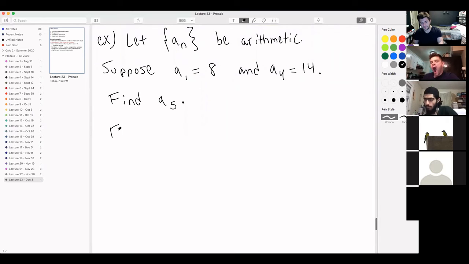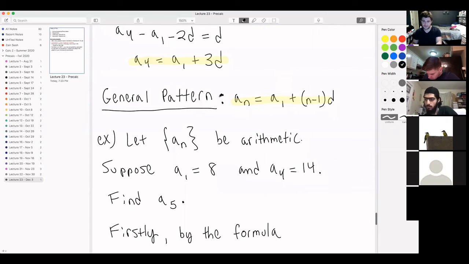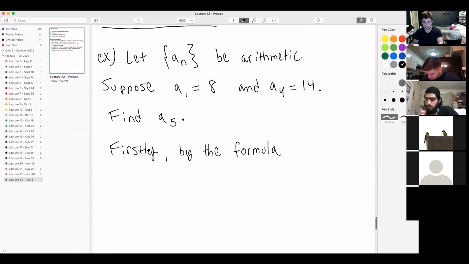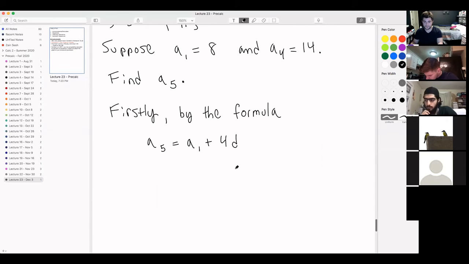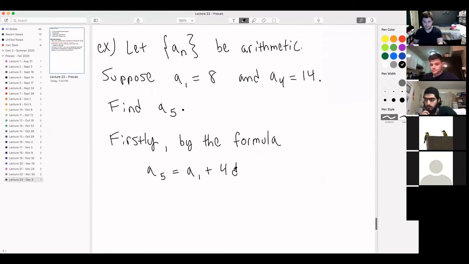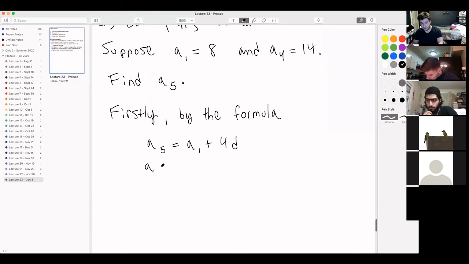So firstly, by the formula, meaning this general pattern I have here, this highlighted, a5 will be a sub 1 plus 4d. Okay, but we have a sub 1, so even better, a sub 5 is equal to 8 plus 4d.